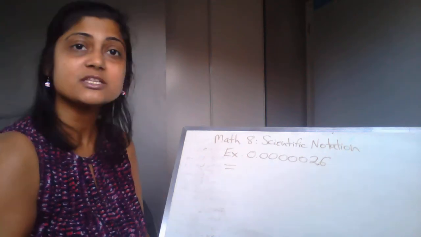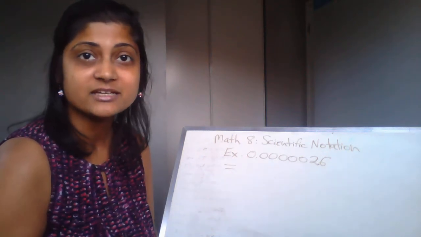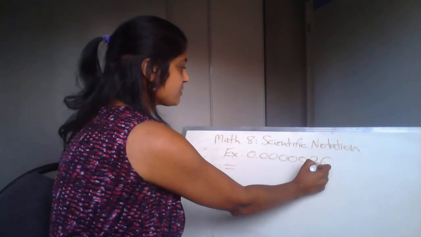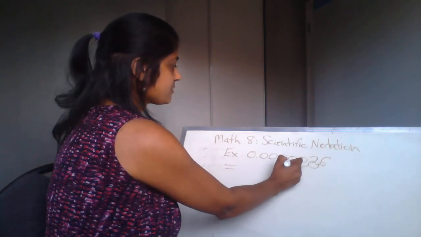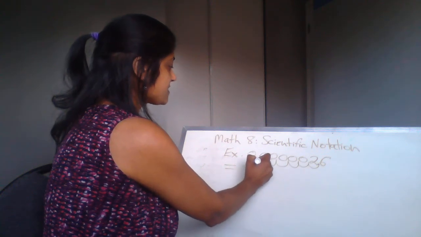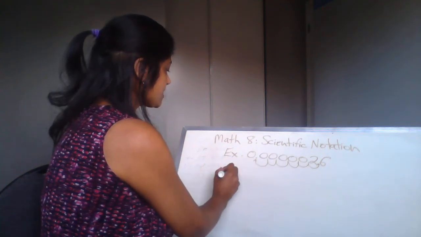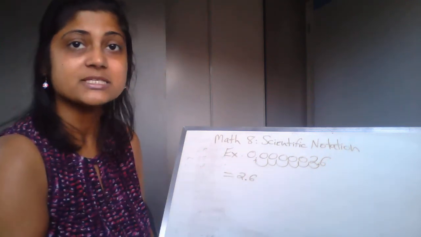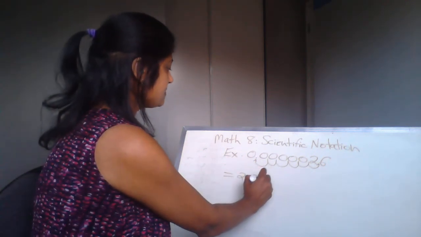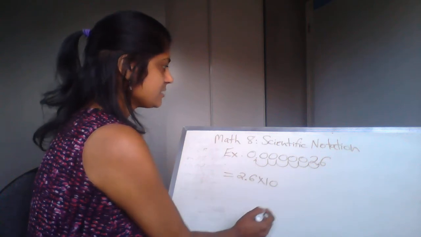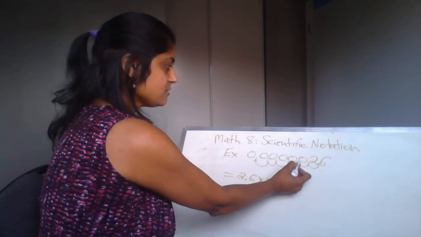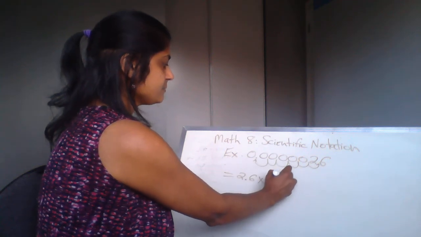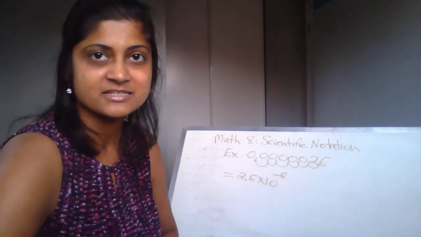I'm going to move it to the left until I get to where the actual decimal place is. So we're going 1, 2, 3, 4, 5, 6. This time when you write it, it's 2.6 times 10, and you start from here: 1, 2, 3, 4, 5, 6, to the power of negative 6.